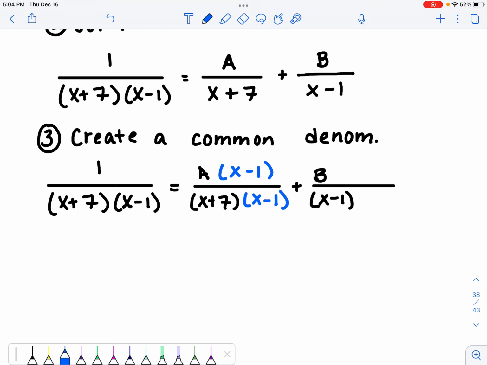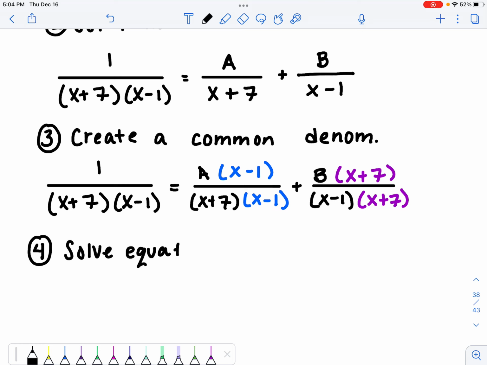You kind of think of this as cross multiplying on the right hand side, and the B is missing the x plus 7. Once we do that, we're going to solve the equation that's left in the numerator. If all of the fractions have the same denominators, you can cancel them out and ignore them.